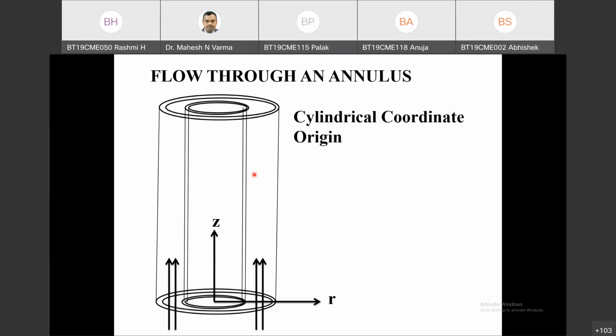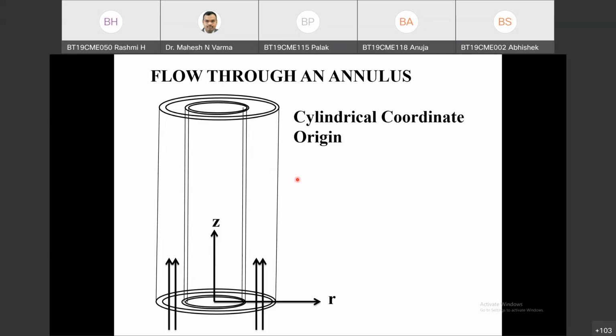Which will be the nearer wall? So what do you think? Where will the drag force be more? Whether it will be on this surface or this surface? On the inner surface. Inner surface drag force will be more.